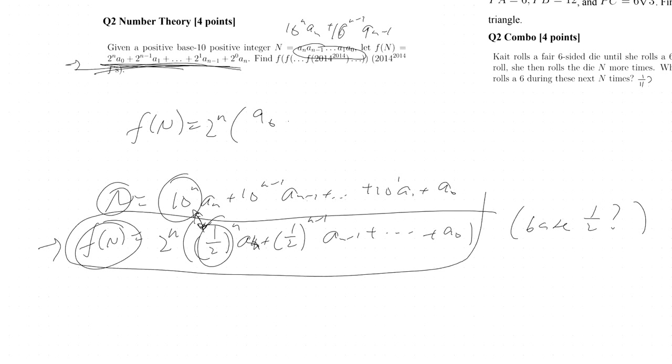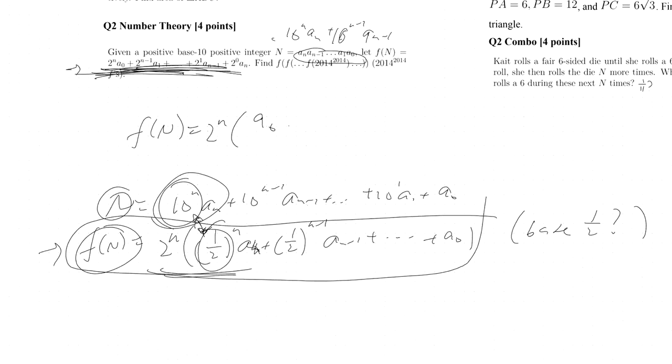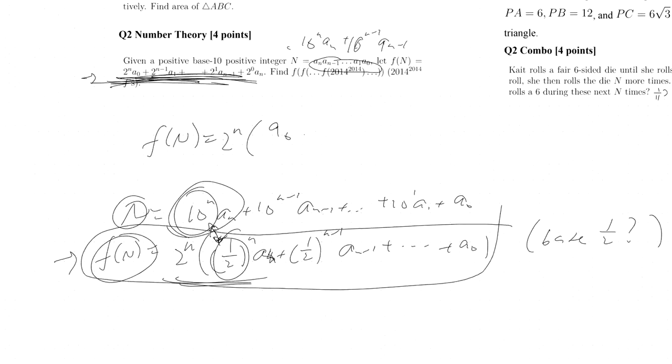But perhaps a more natural attempt to solve this problem is that this number is a lot smaller than n. n is like 10 to the power of n an, and this is just one of these an. So we naturally want to compare the sizes of this thing. This is really small and that's huge. And there are a lot of iterations of this, so it's probably going to get a lot smaller.